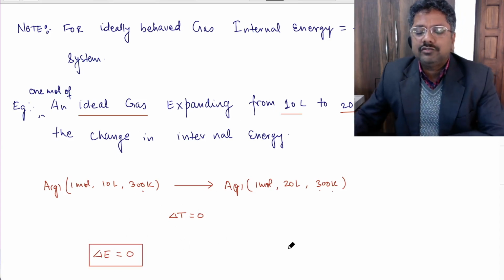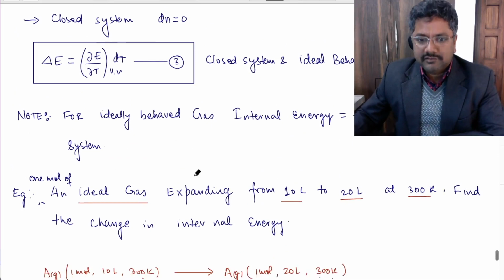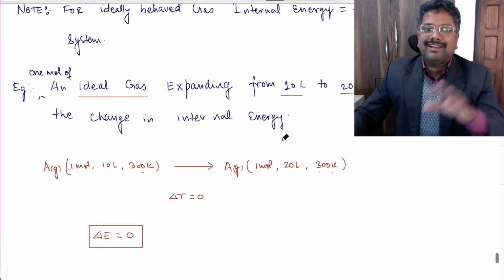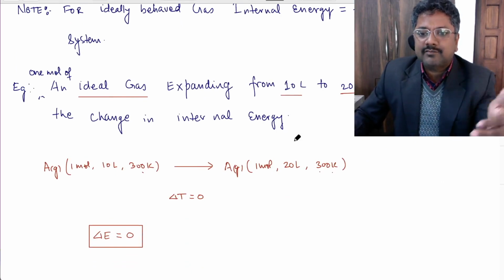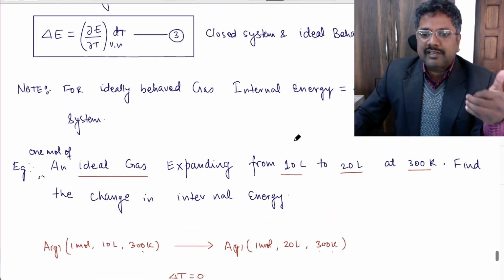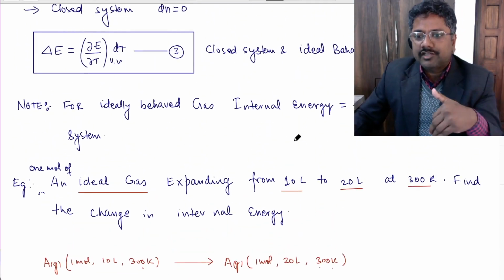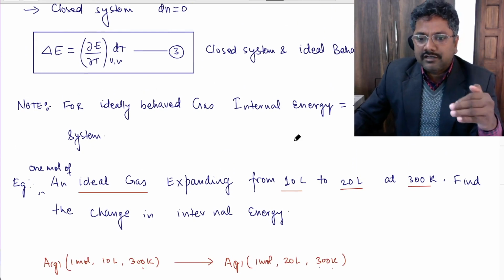So there is no change in the internal energy. See this equation, if you put dT equal to 0, your delta E is equal to 0. Meaning if a gas whose behavior is ideal is under expansion or compression at constant temperature, the change in internal energy is always equal to 0.